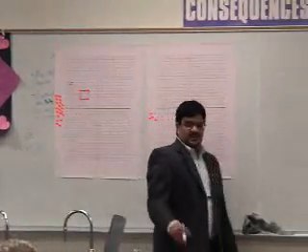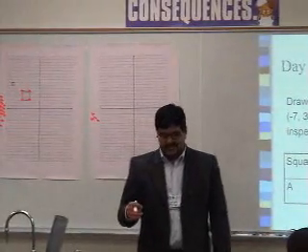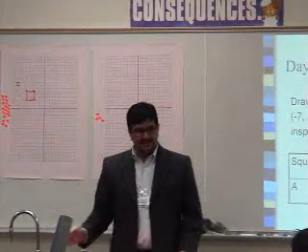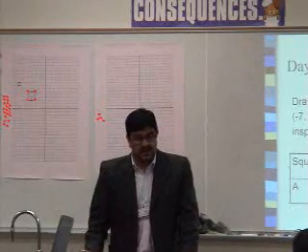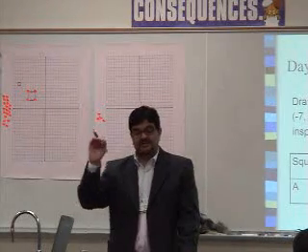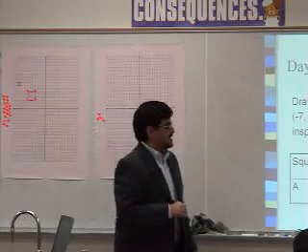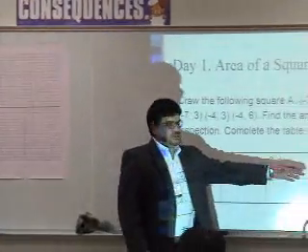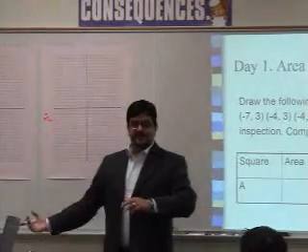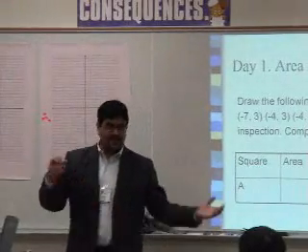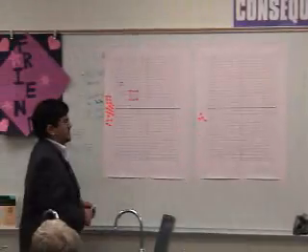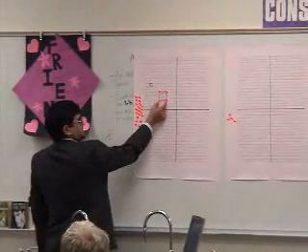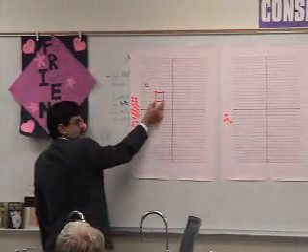We're building the understanding of area, because students in middle school and even at the high school level still don't quite understand what area means, right? And all these lessons are going to have this. I also threw in the perimeter just to keep practicing the difference between the area and the perimeter. So I'm going to find the perimeter of this square, and I say, what is the size of this side?